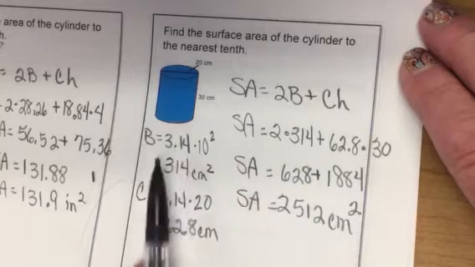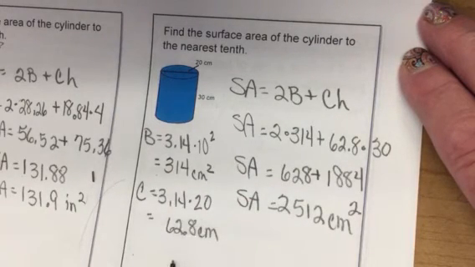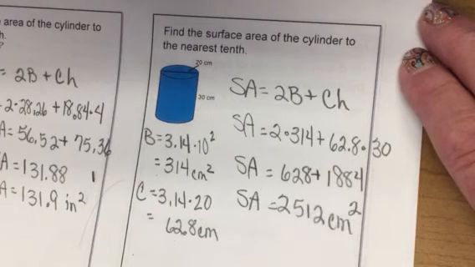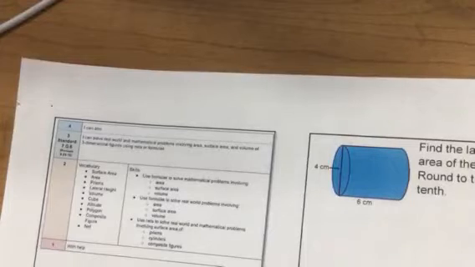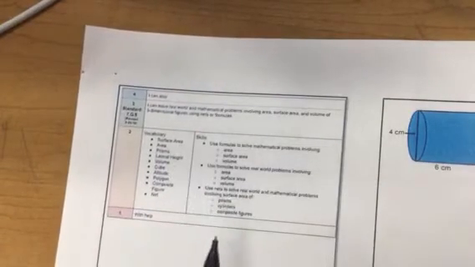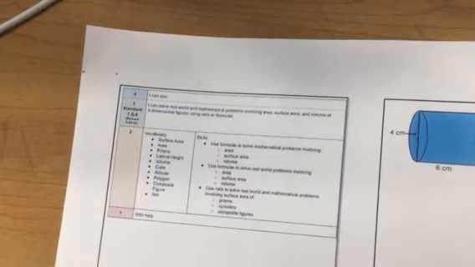You find your area of your base, find your circumference of your base, substitute them in, do the arithmetic. Again, remembering our standard, real life and mathematical problems involving surface area.